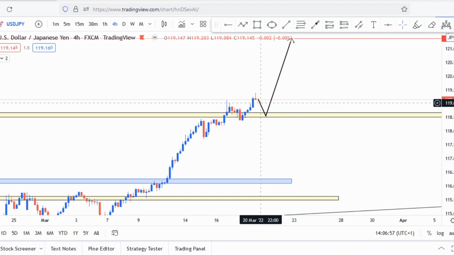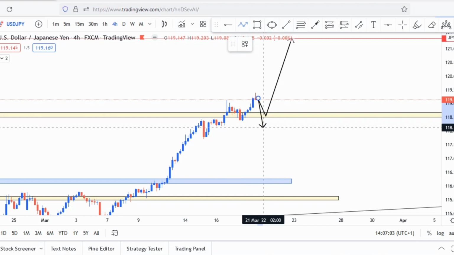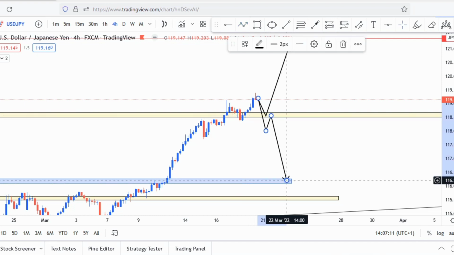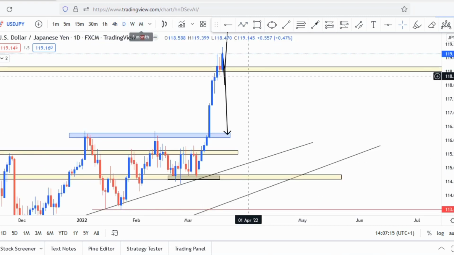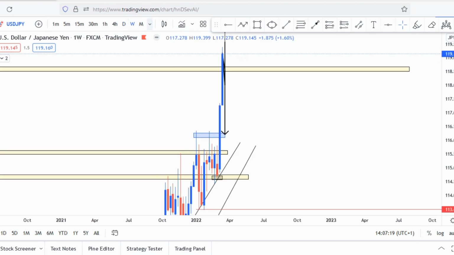If, on the other hand, price continues all the way down and doesn't give us any bullish signal here, but just continues, then we'll be looking to enter on the retest here and look for sell opportunities to the downside. That can happen as well. Because this move or this breakout here could just be a fake out and price could continue to the downside, so we have to be very careful as well.